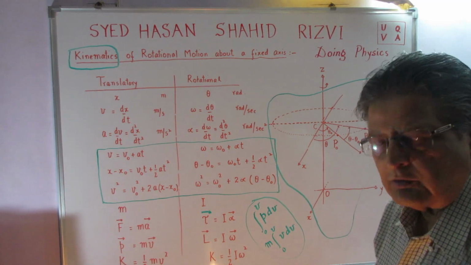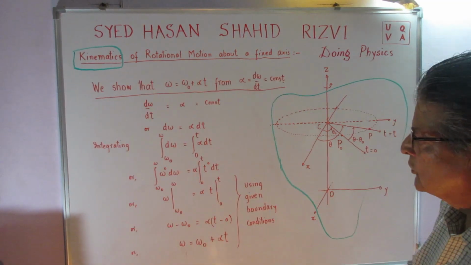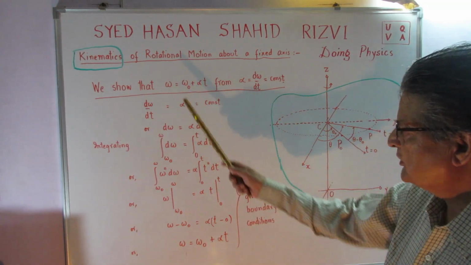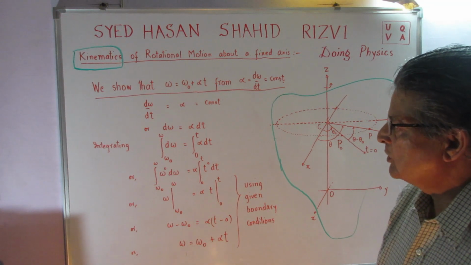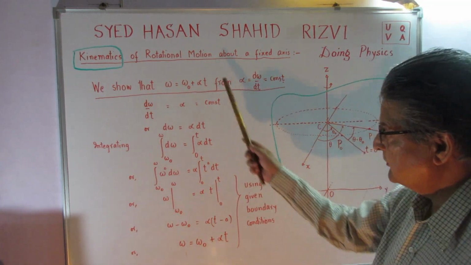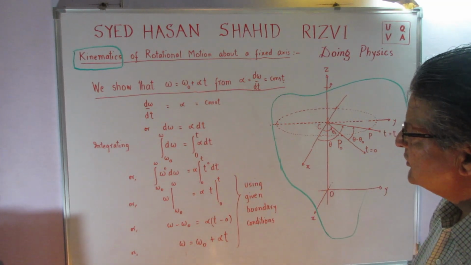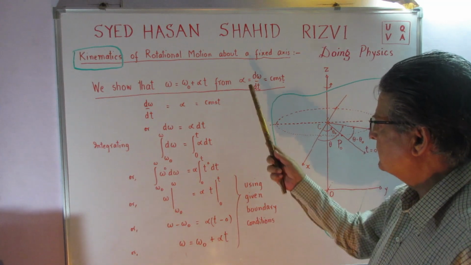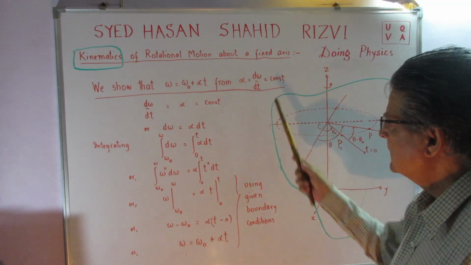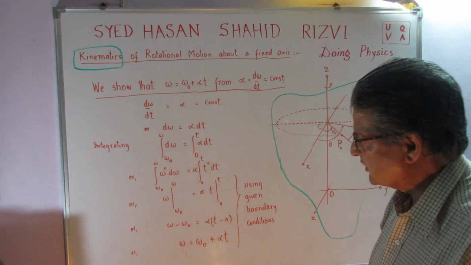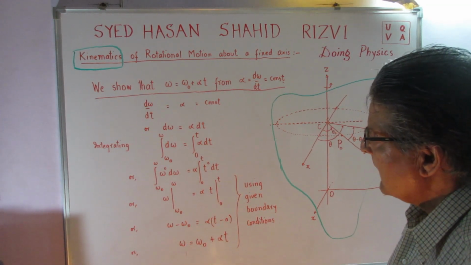these three relations from first principles. We show the first equation, omega is equal to omega naught plus alpha t. We derive this equation from first principles, where alpha is defined as d omega over dt and is taken as a constant for the system that we are describing.